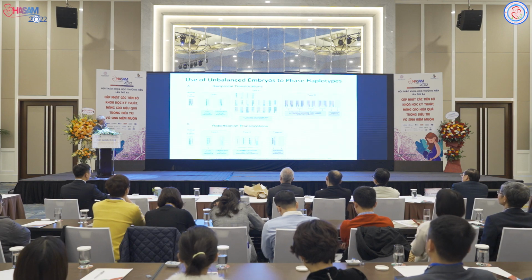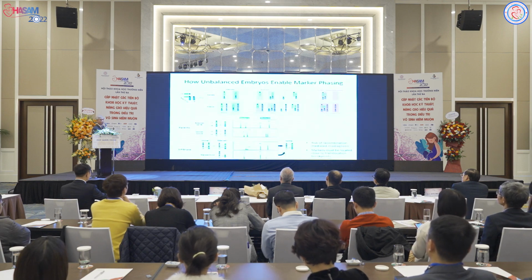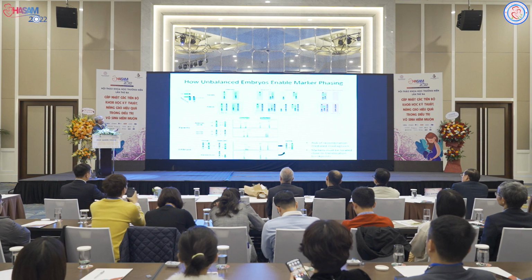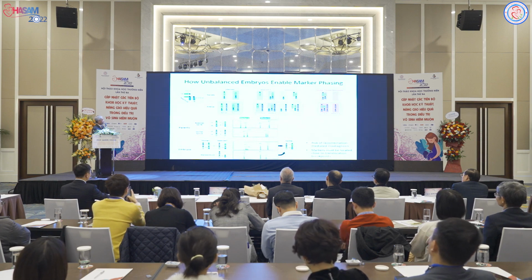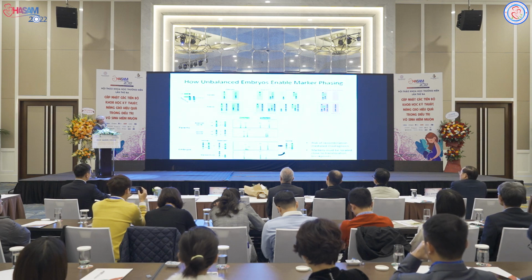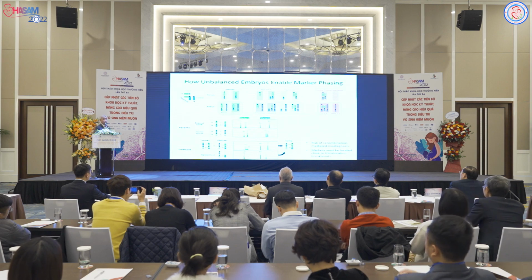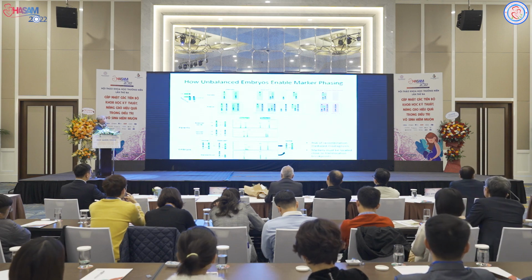Now, I just want to use a very simple example here of how the unbalanced embryos can enable marker phasing or haplotype phasing. I've just used the example of Robertsonian translocations, because those are the simplest translocations.